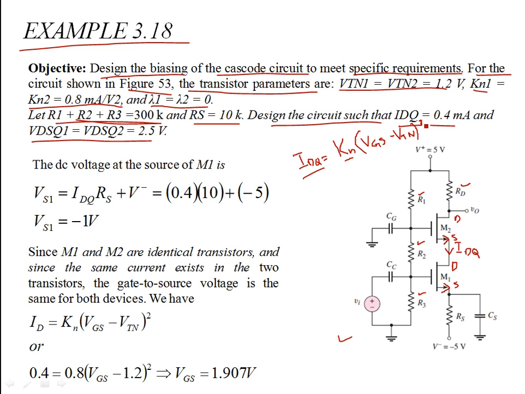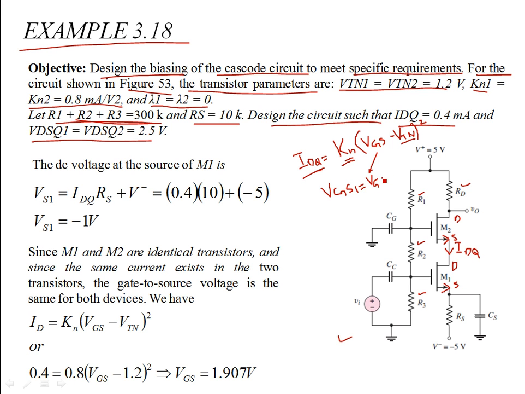This is the current-voltage relationship in saturation, and for both MOSFETs it's the same. So it's the same current, same conduction parameter, same threshold voltage, which means we are going to end up with the same gate source voltage, which implies that VGS1 will be equal to VGS2. Okay. Why?